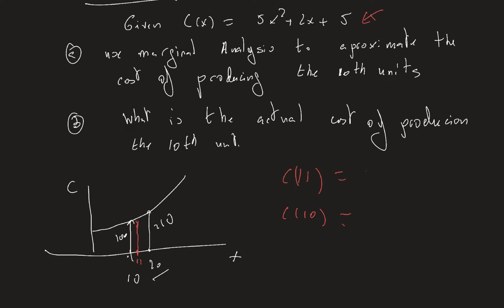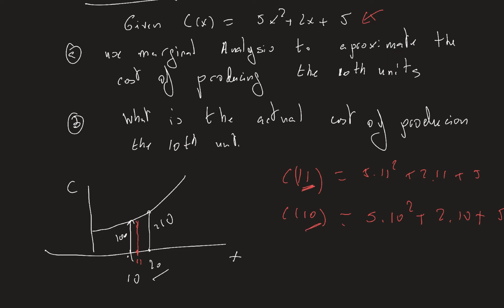So here will be 5 multiplied by 11 squared plus 2 times 11 plus 5. And here the cost of producing 10 units will be 5 times 10 squared plus 2 times 10 plus 5. And the cost of producing the 11th unit is the difference, because this is the cost of producing the whole package of 11 units, and this is the cost of producing the whole package of 10 units.